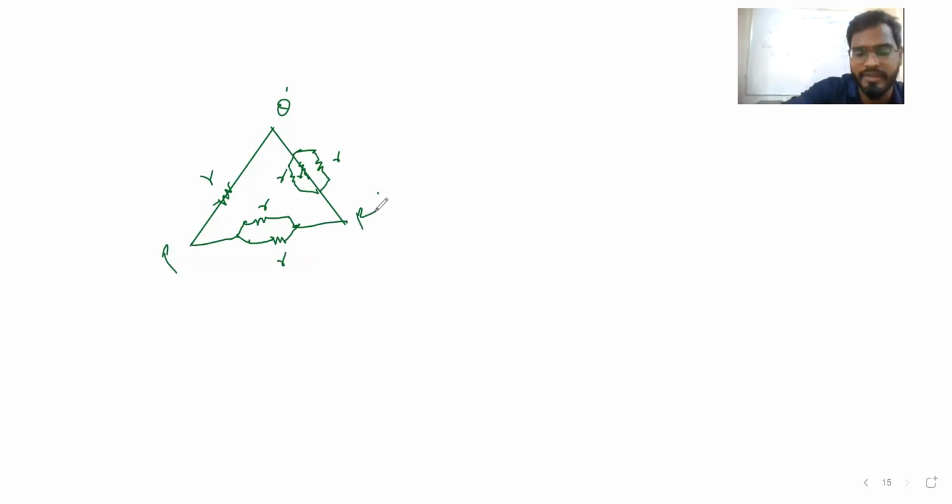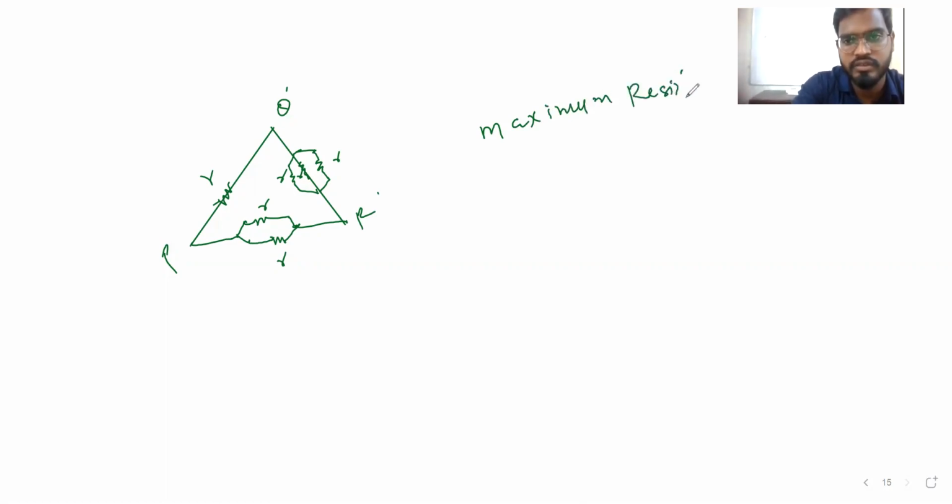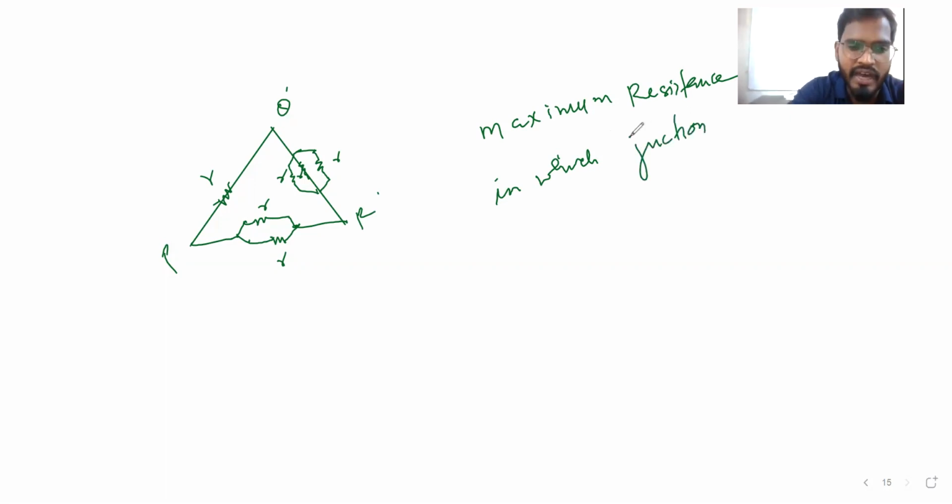Means where will be the maximum resistance? In which junction, like PQ, QR or PR, whatever it is.